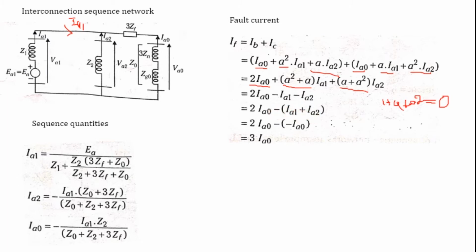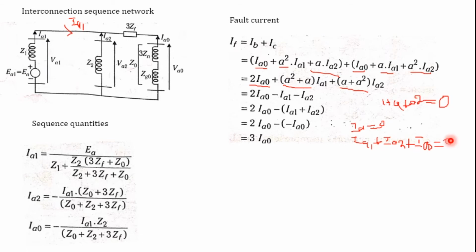Already we derived that Ia is equal to 0, which can be written as Ia1 plus Ia2 plus Ia0 is equal to 0.